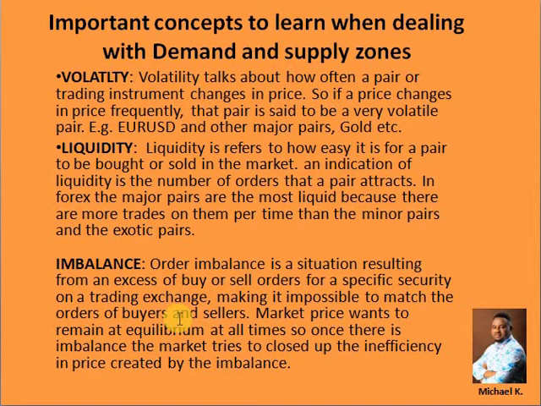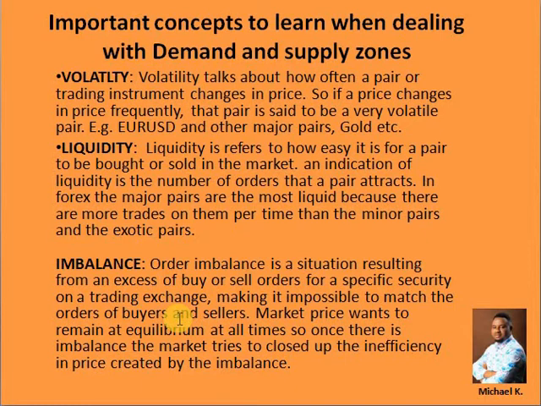Now, what is liquidity? Liquidity refers to how easy it is for a pair to be bought or sold in the market. An indication of liquidity is the number of orders. Just take for example, if you have a commodity that is easy to be sold or easy to be bought, it means that there are more customers coming for that particular product.